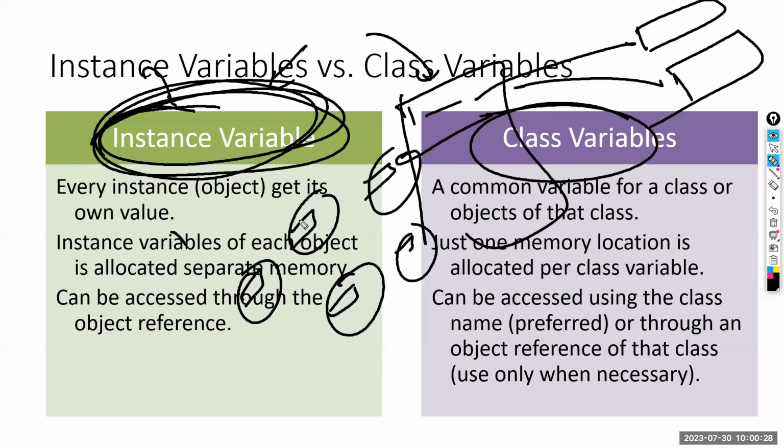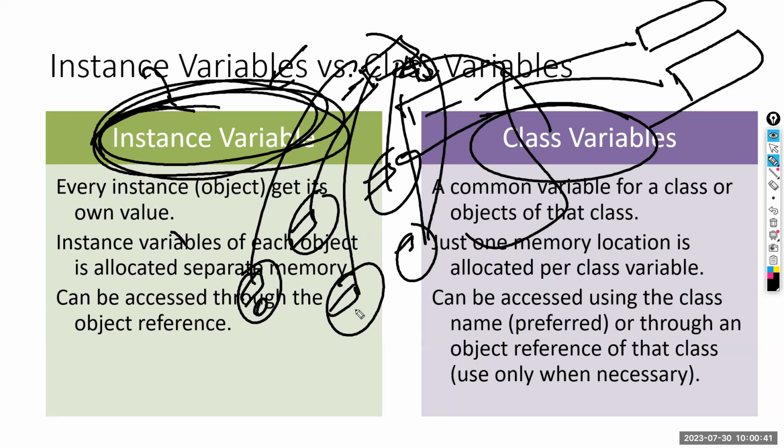There can be 10 objects of that class, but only one memory location is allocated if it is a class or static variable, and all these objects can refer to the same value. They don't get their own separate values. So that is the difference between an instance variable and a class variable.